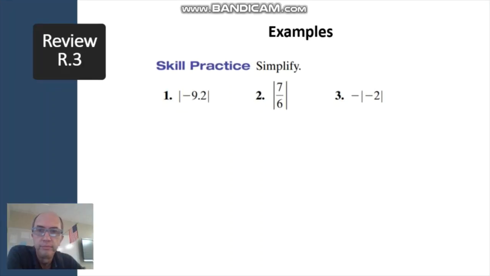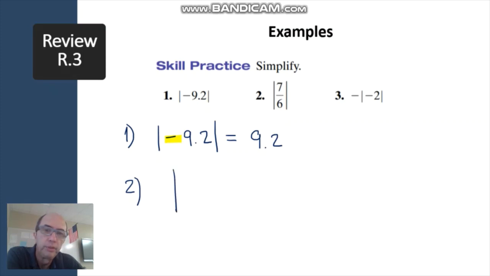Number 1, the absolute value of negative 9.2 equals 9.2, since the absolute value removes the negative sign. Number 2, the absolute value of 7/6. There's no negative sign here to be removed, so it's just 7/6.